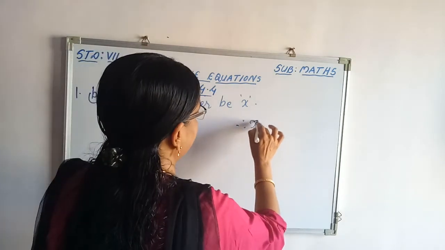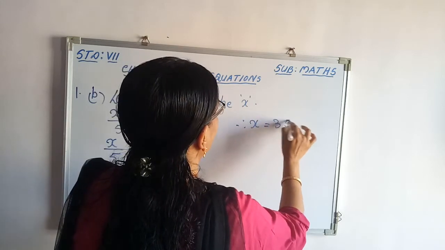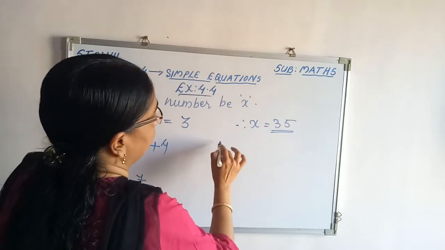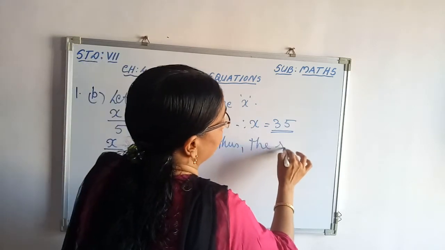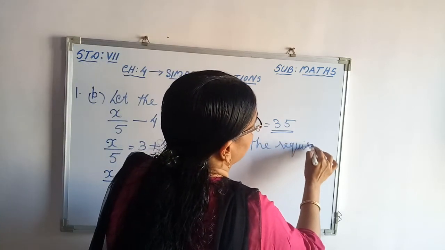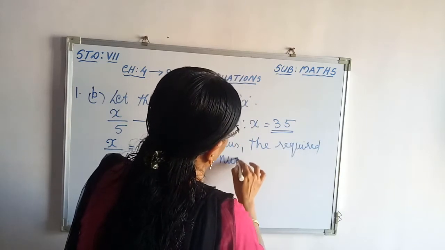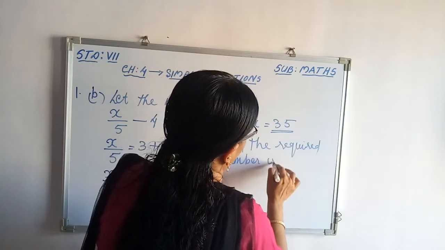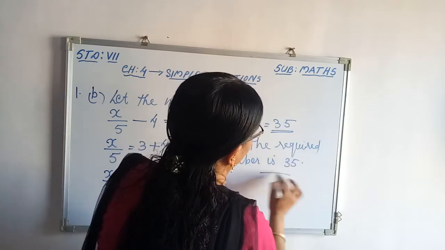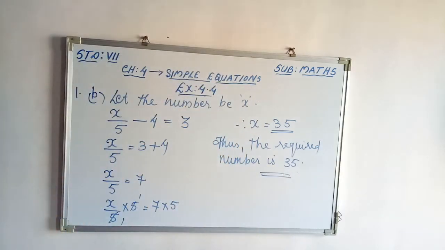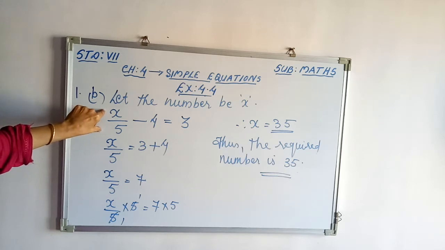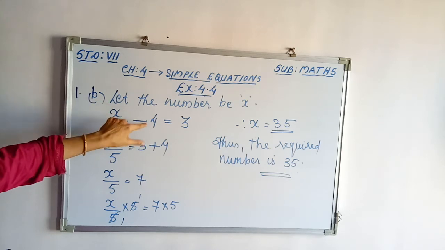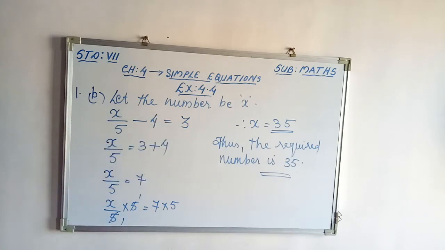Therefore, x is equal to 35. Thus, the required number is 35. Is that clear? In the first question, I had written the equation after giving different steps. But here, I have written the equation in one step.